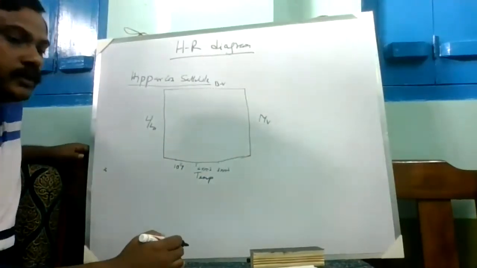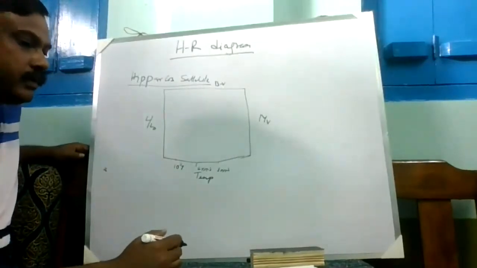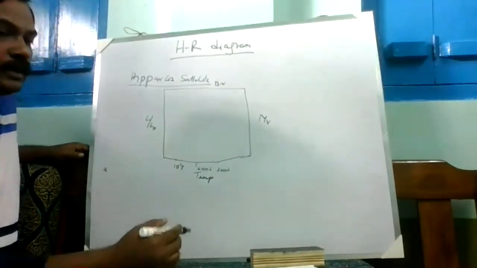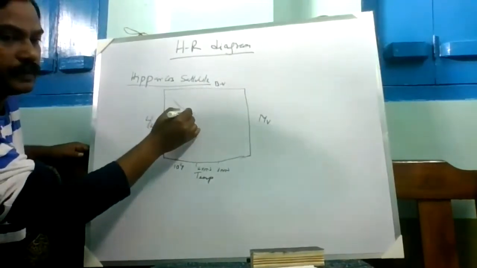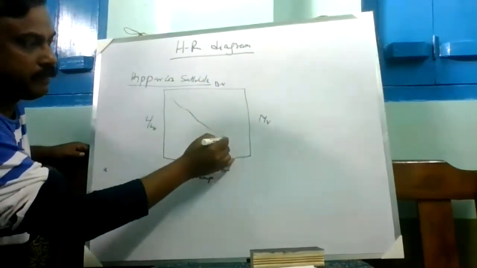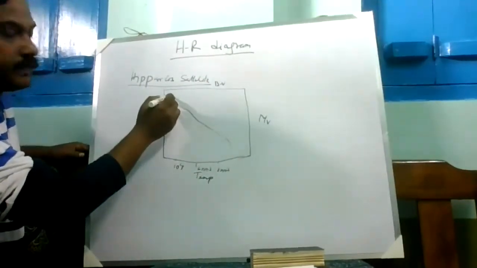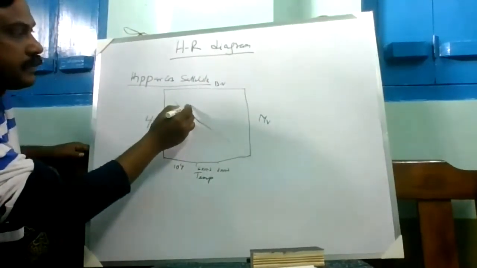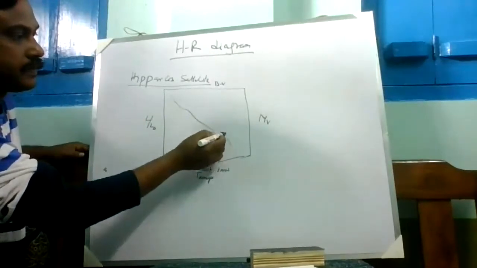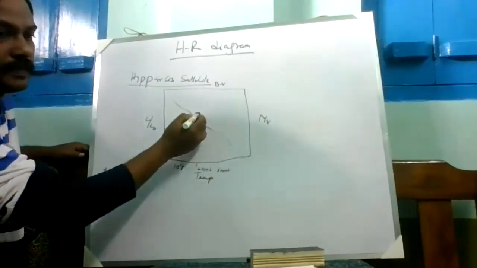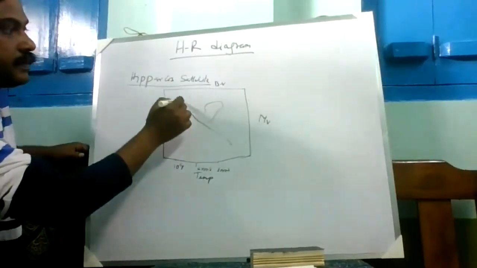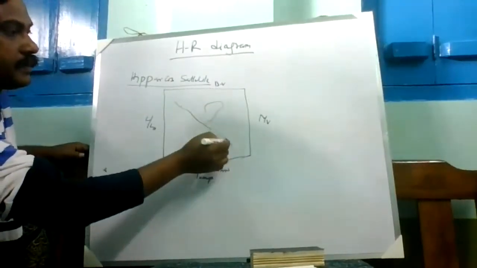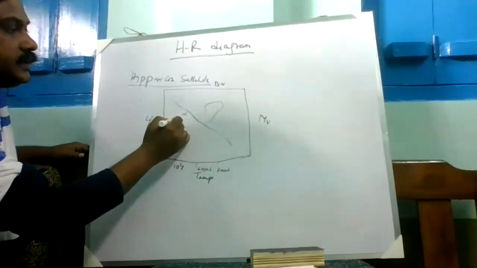So, as in the case of the HR diagram of Russell, here they found a band like this. This is the main sequence.